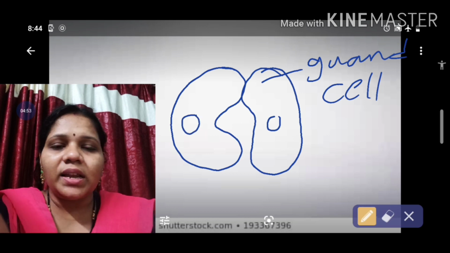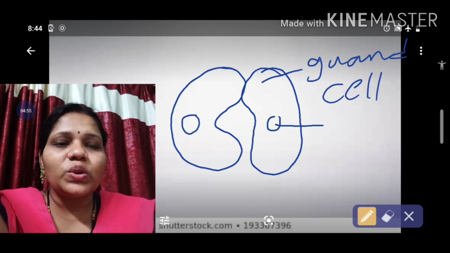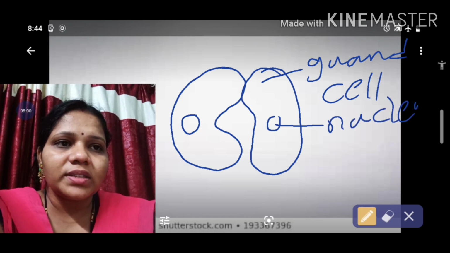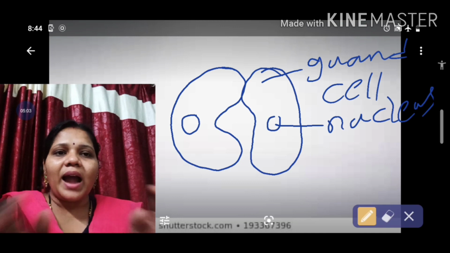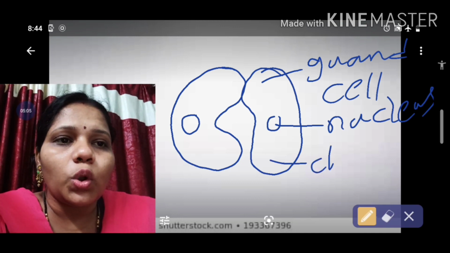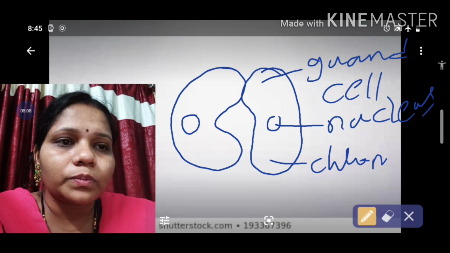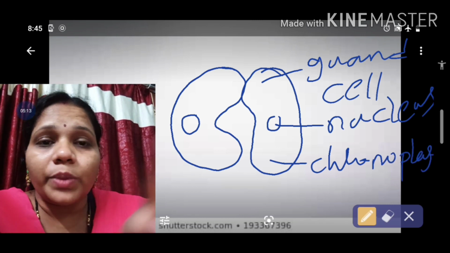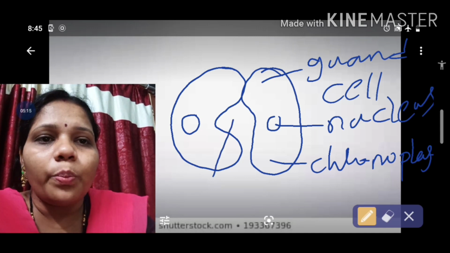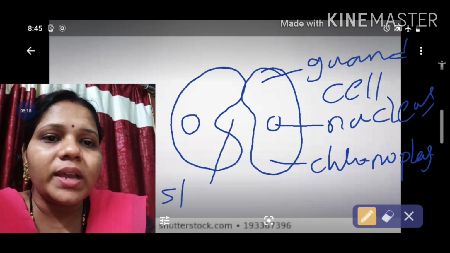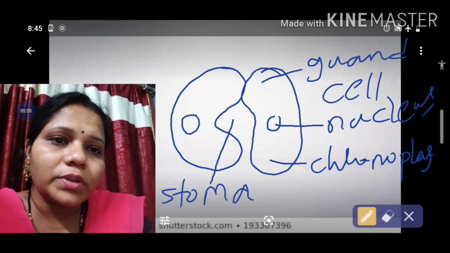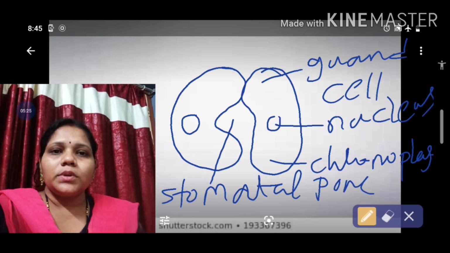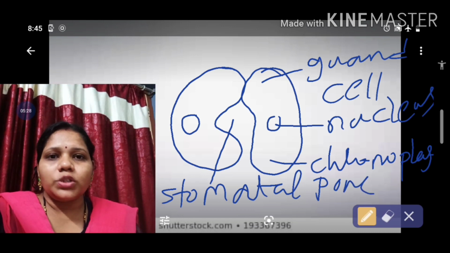Inside the 2 cells, 2 centrally placed nuclei are present, and the guard cells are filled with chloroplast. In between the two guard cells, one small pore-like structure is present, known as the stomatal pore. So this is the structure of a stomata.